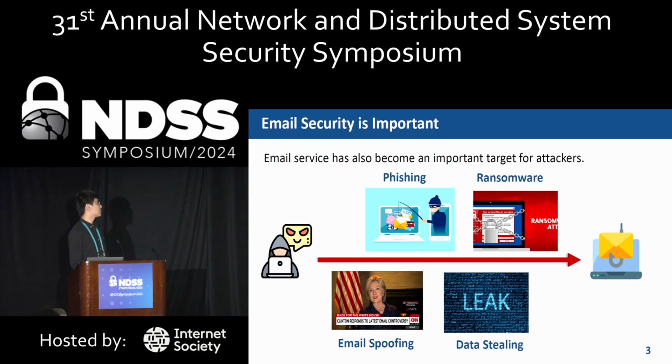Nowadays, almost every email user is troubled with email phishing, email malware, and other kinds of email attacks. Among these attacks, email spoofing is one of the common techniques. Attackers use a forged email sender to deceive the victims, since people are more likely to believe emails sent from familiar accounts.